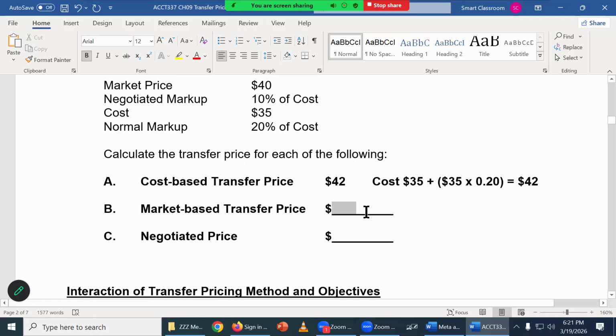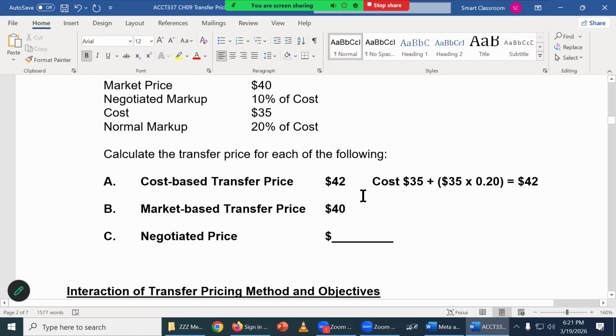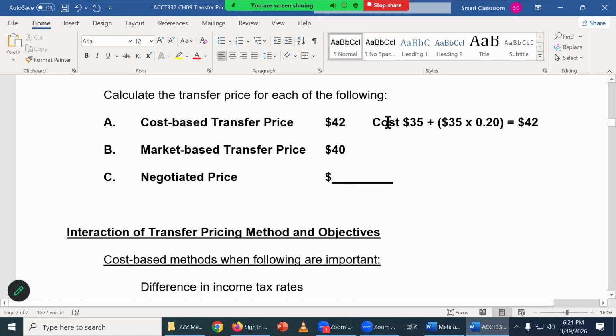And again, the market price is simply what we have given to us. And negotiated markup could be a negotiated price without dealing with the cost, but I just put that in there because it's the idea behind it.